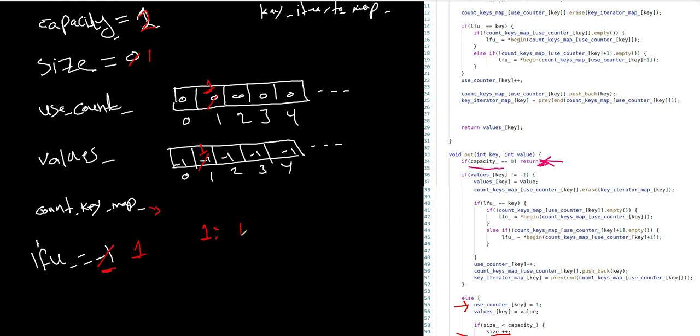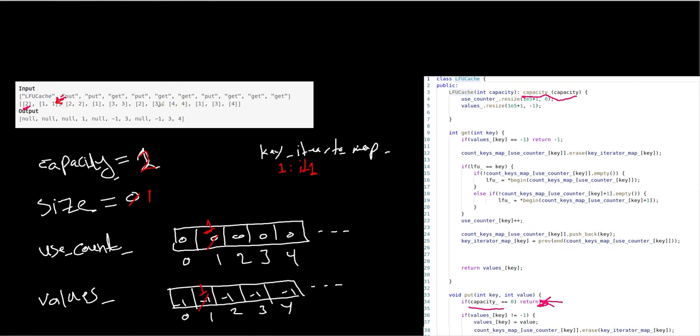So the linked list is 1. This is the key and this is the count. And also, let's say this is iterator 1, which is a pointer to this linked list. So here for 1 we will assign iterator 1. That's all.